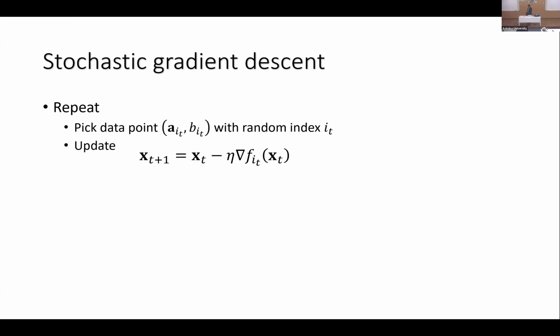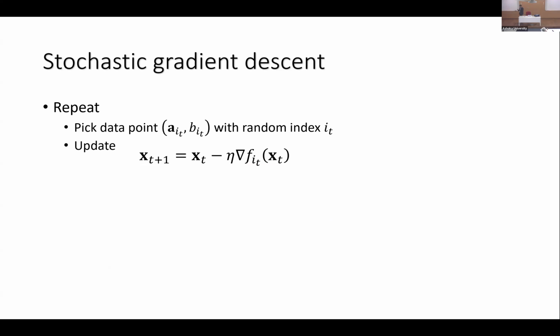So what is the idea? In stochastic gradient descent, one version is that we pick a data point randomly. So instead of a_i, b_i, I now look at the subscript: it is a_{i_t}, where i_t is a random index out of 1 to m. I pick a random data point and calculate my gradient at that data point, right?